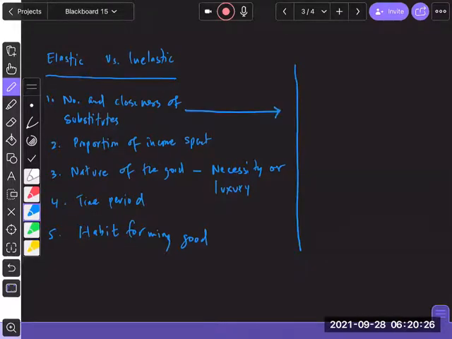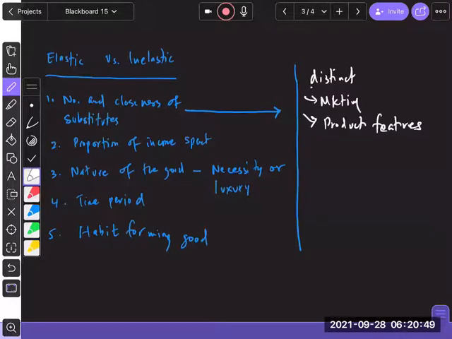If you change the attributes of the product and make it more distinct, either through marketing or through what we call product features, you can make it more inelastic. Number one is that. So you make it distinct, which means reducing the number of substitutes, by putting out different features or marketing the different features so that people start to assume that the product is different from the competitors out there.